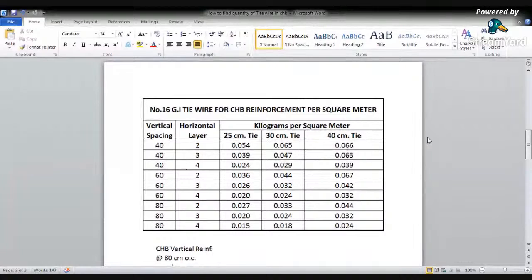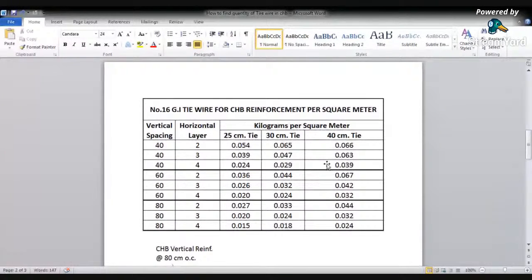It depends on the design if they will use 40 vertical spacing or 60, or every 2 layers or every 3 layers or 4 layers. So it depends on the design. But for this example, we use 80 vertical spacing, horizontal layer every 3 layers of the rebars, horizontal rebars.